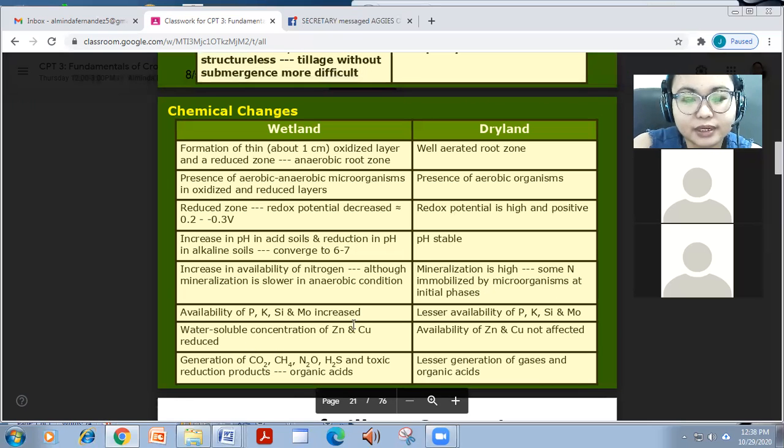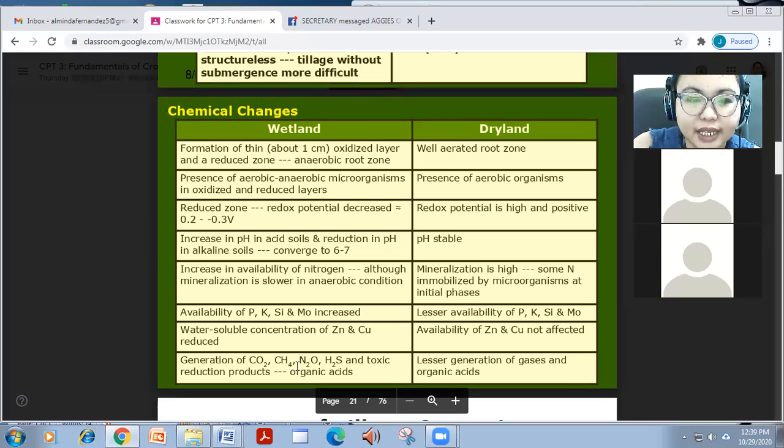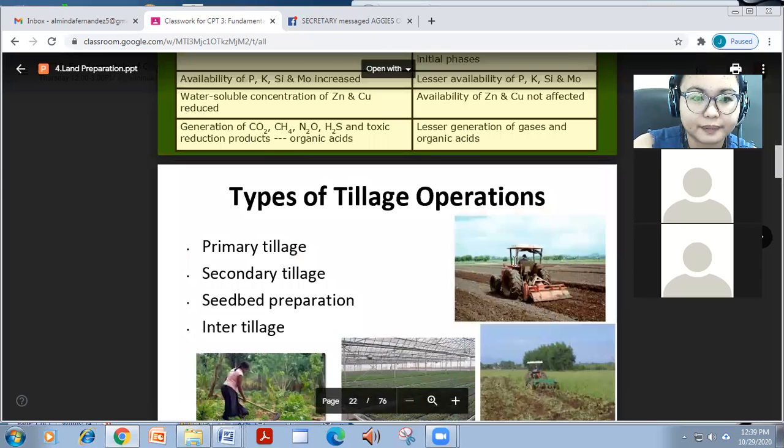And water-soluble concentration of zinc and copper is also reduced, but in dryland it is not affected. And lastly, generation of carbon dioxide, CH4 or methane, N2O or nitrous oxide, and sulfuric and toxic reduction products or organic acids, while there are fewer gases and organic acids in a dryland.